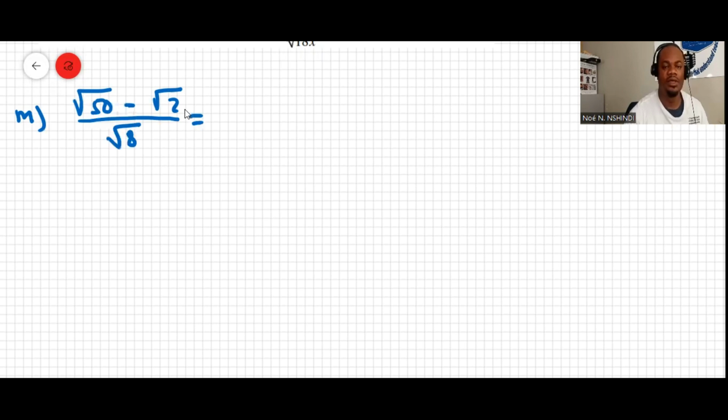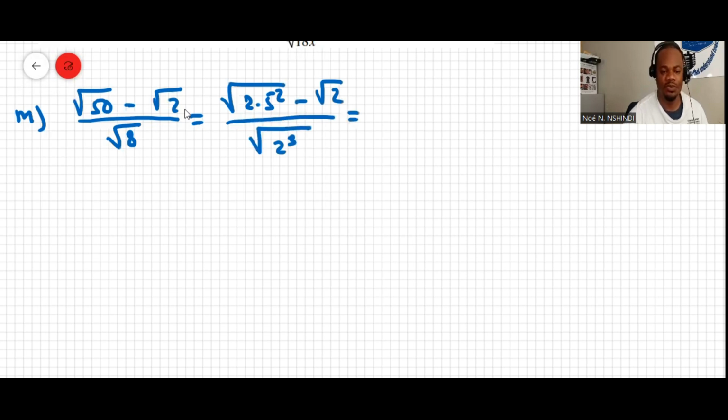So we can write root 50 in terms of its prime factor, it's going to be 2 times 5 squared, minus root 2, over 8 in terms of its prime factor is 2 to the power of 3. Okay, so now we can split it into roots. Like it's gonna be root 2 times root of 5 squared minus root 2, and then root of 2 to the power of 3 can be written as root of 2 squared times 2.